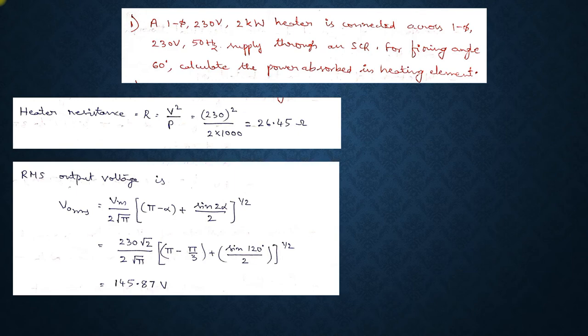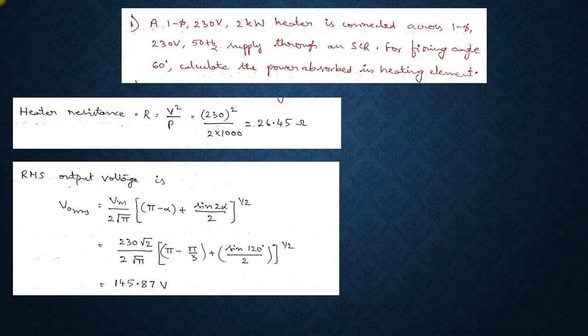Once we substitute all the values, substitution is very important. Wherever pi is there, you have to substitute alpha in terms of pi. Wherever sine is there, you need to substitute in terms of degree or radian. Based on your calculator setting, if you put it in degree mode, then you have to apply degree only.